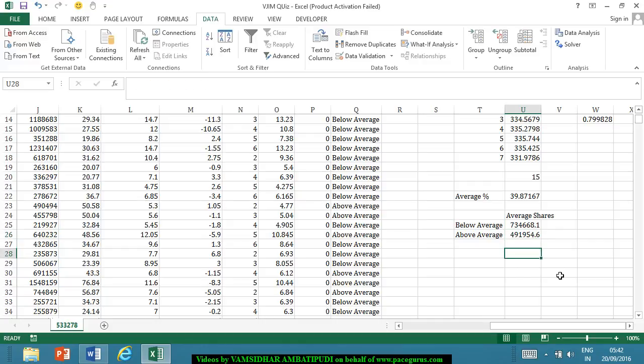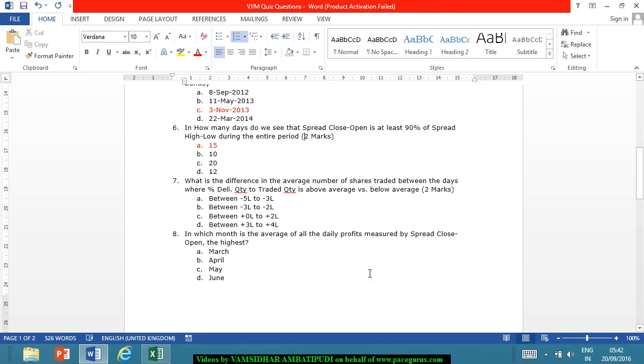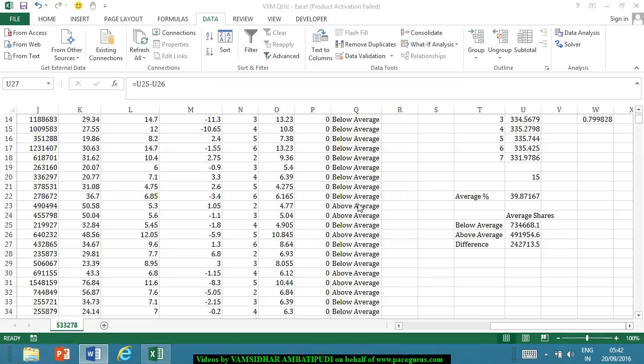So if I am looking at the difference between the 2 days, which is working out to this minus this, which is lying at around 2,42,000. Here I am taking it as above average versus the below average.